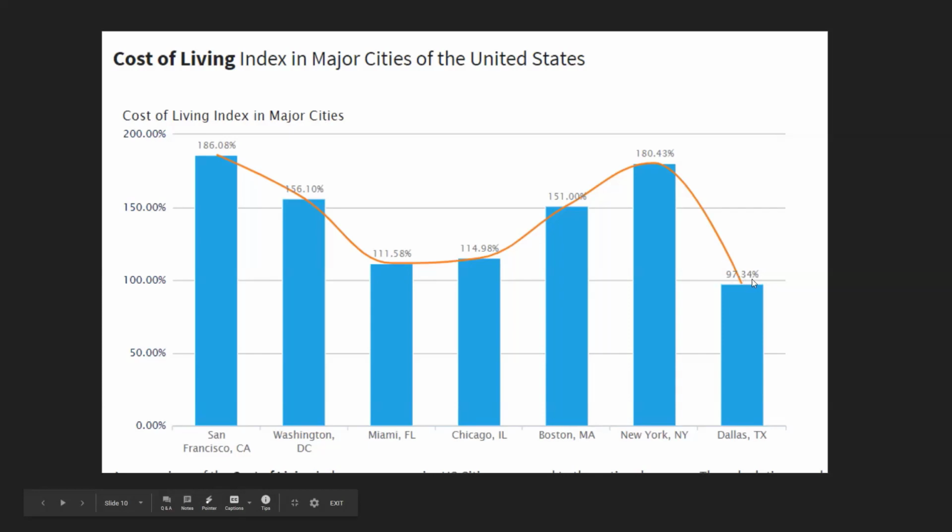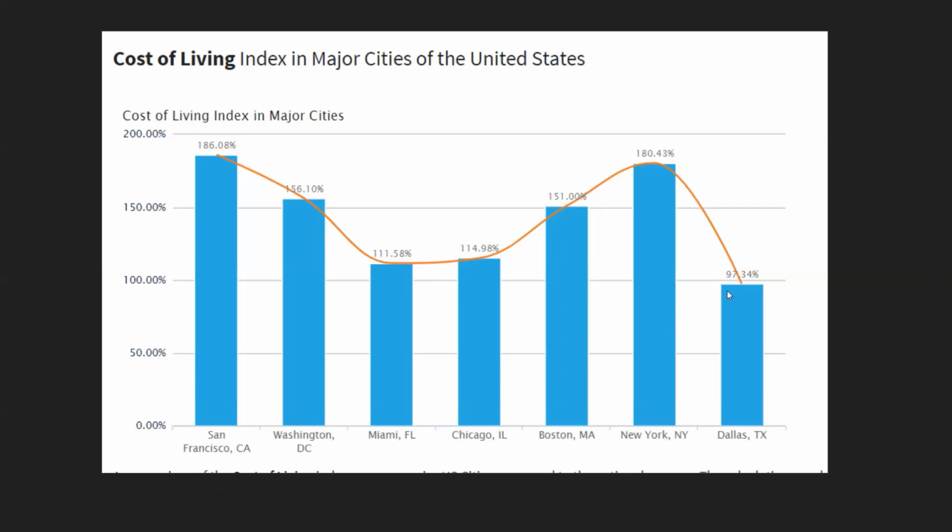Sometimes indices are given by percentages, and on this chart it is. So this is telling me that Dallas is about 97% compared to whatever each of these are compared to. I want to say New York, but it's not. I may have done this with Arkansas, so let me look at the note a little bit later.